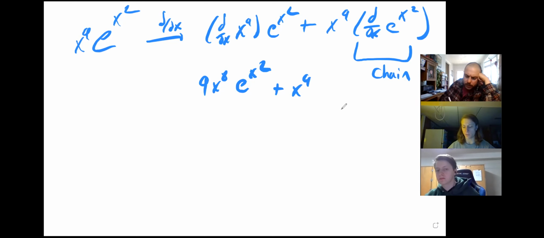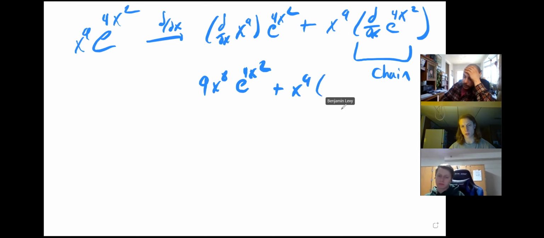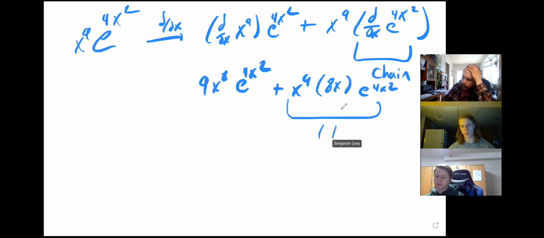E raised to the 4x squared times 8x. Right, I just forgot to write the 4 in there. So we would have, like you said, 8x times e to the 4x squared. And so this is still all one term because it's all being multiplied, but it has 3 parts, you're right. And I think that's what you're referring to.